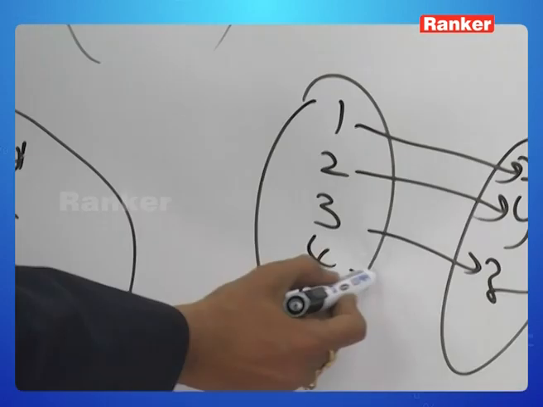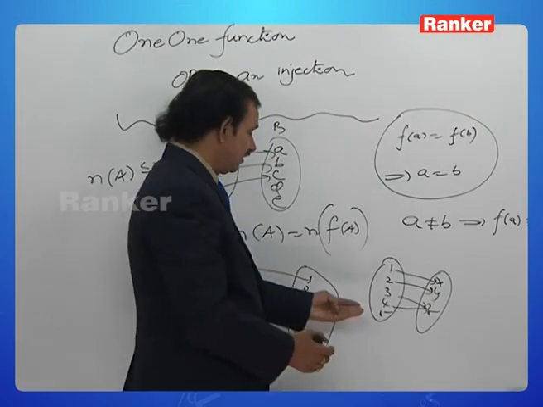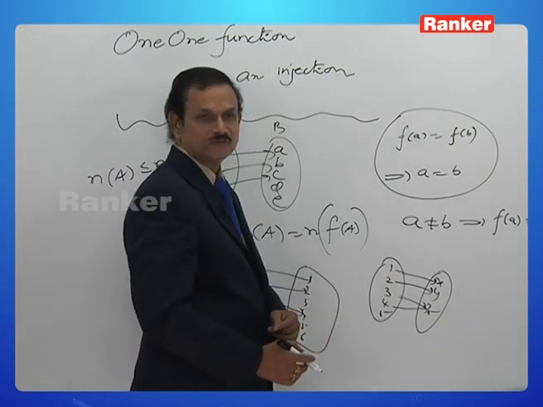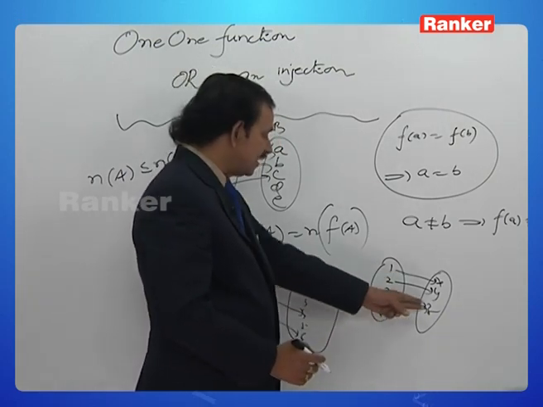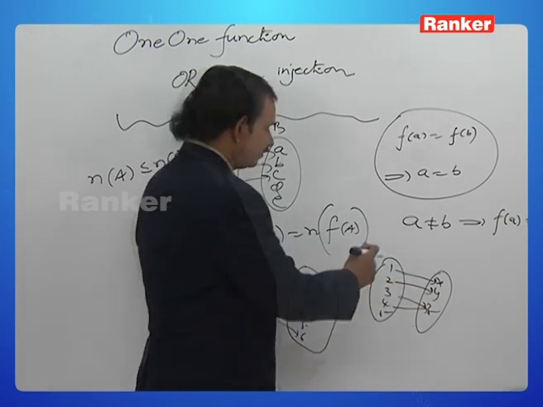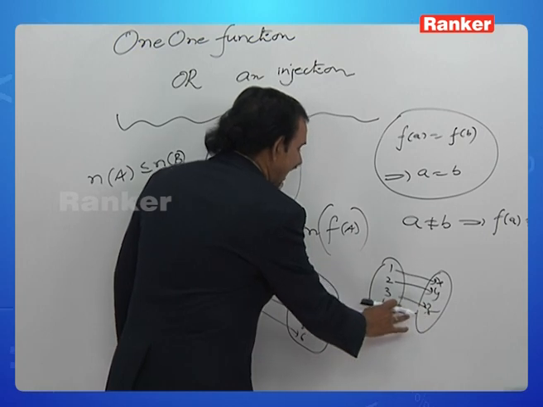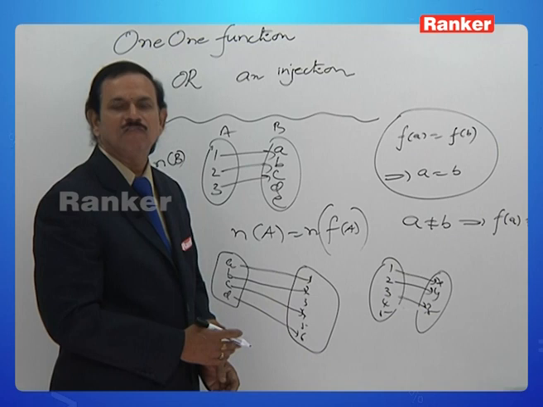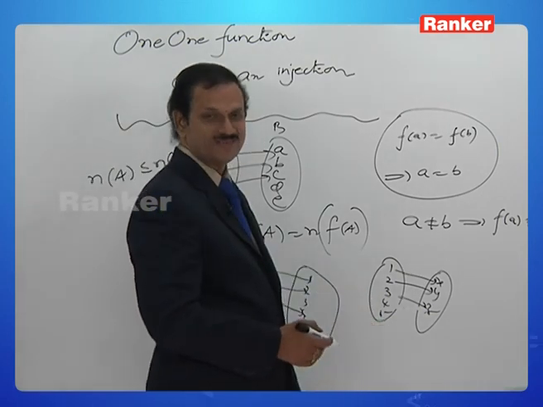If you put an arrow like this, then these 2 elements have a common image. These elements are distinct, but images are same. It is not a 1-1 function. So it is a sin. If you leave it like that itself, then it would not be a function at all. Why? Because these 2 are not having the images.